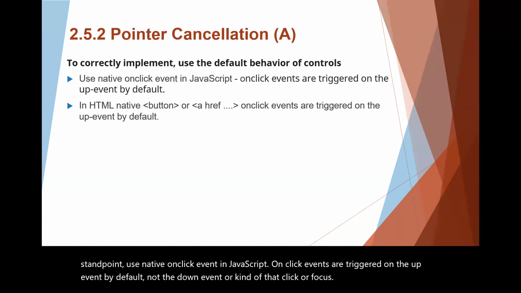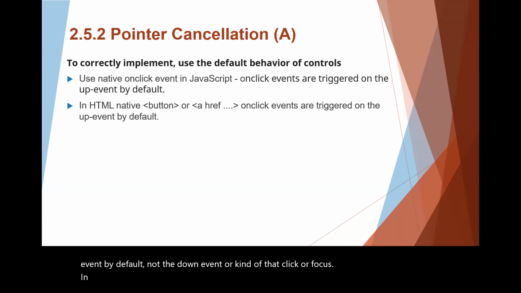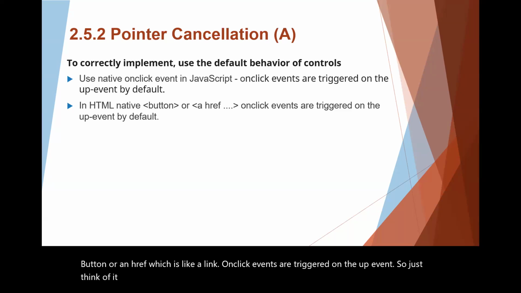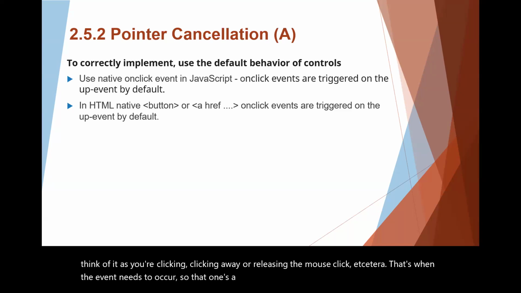In HTML native, a button or an href, which is a link, on-click events are triggered on the up event. So just think of it as you're clicking, clicking away or releasing the mouse click. That's when the event needs to occur. So that one's a little more technical.